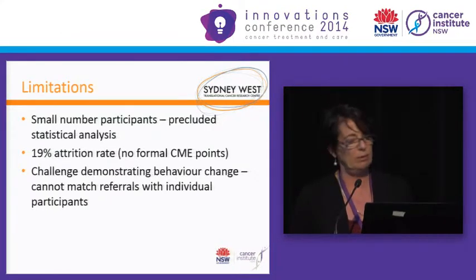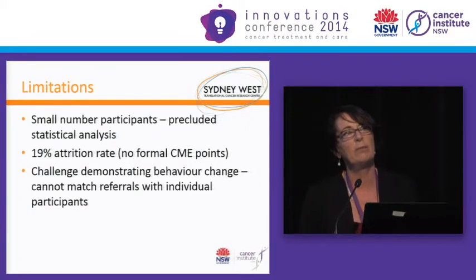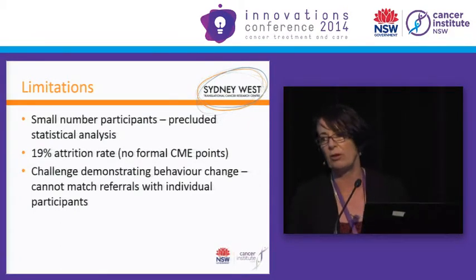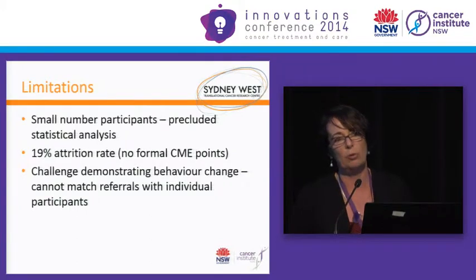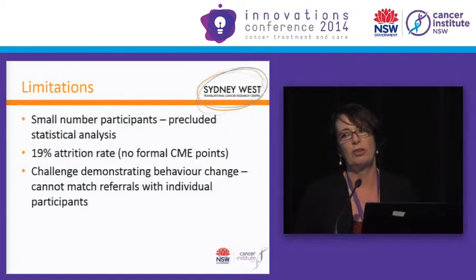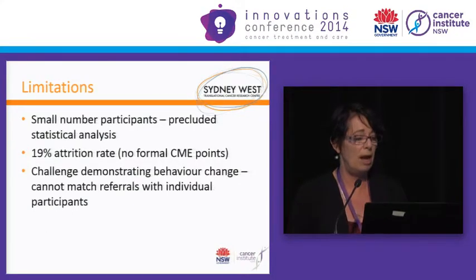One of the good things about QStream is that it has had a number of randomised controlled trials conducted on it. I think there's something like 12 RCTs. These RCTs have demonstrated changes in clinician behaviour, changes in patient behaviour, and certainly changes in knowledge and skills.